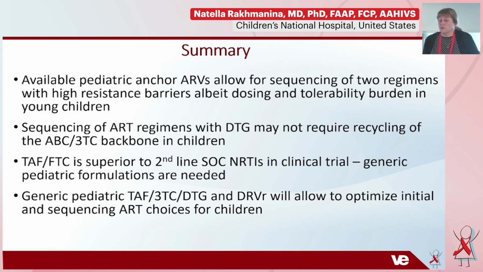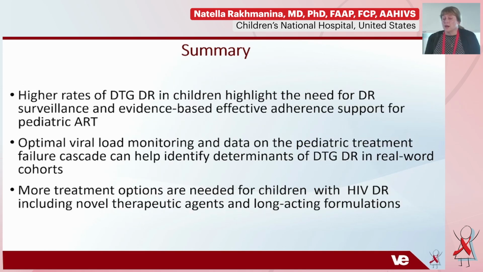And introduction of the two new generic formulations, which I described, will definitely allow us to optimize initial and sequencing ART choices for children. Higher rates of DTG-DR in children do highlight the need for ongoing surveillance, but I would argue they highlight even more that we need more evidence-based, effective adherence support for pediatric ART.